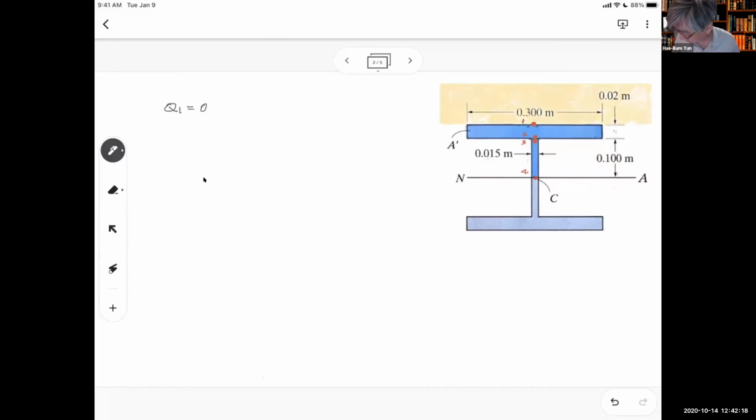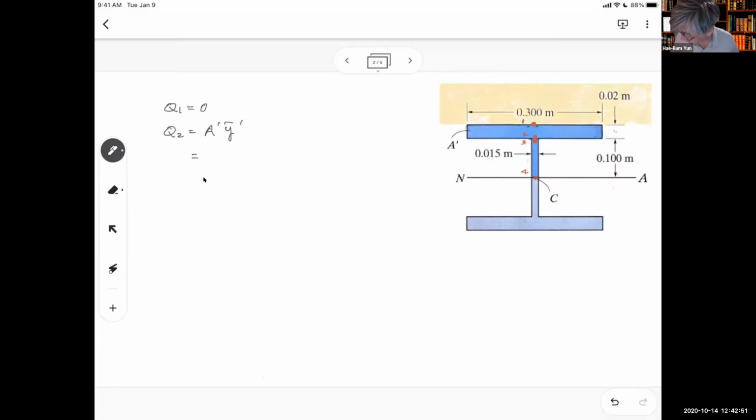Q2. What is the A prime for Q2? Or to be consistent, I want to have A prime, Y bar prime.